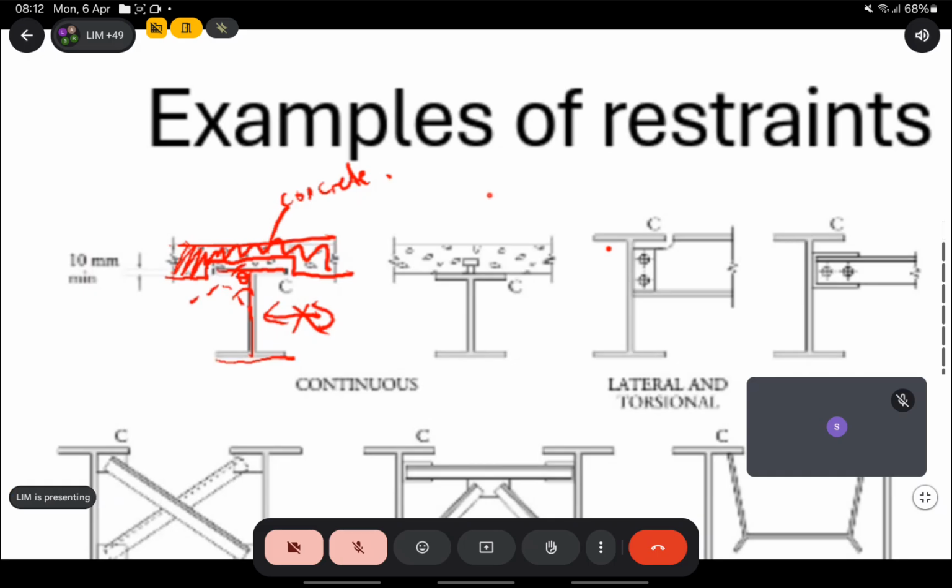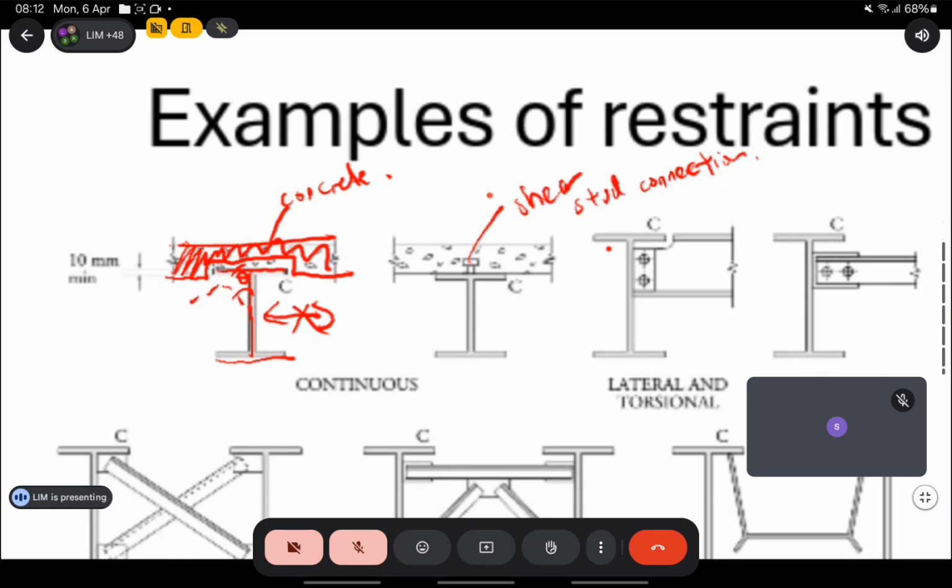In the second method, very similar, but it uses a shear stud connection. Same thing.